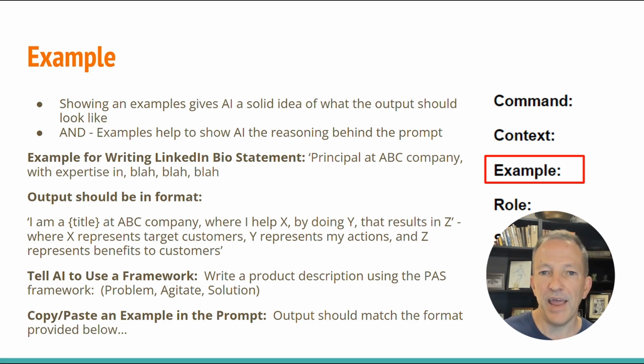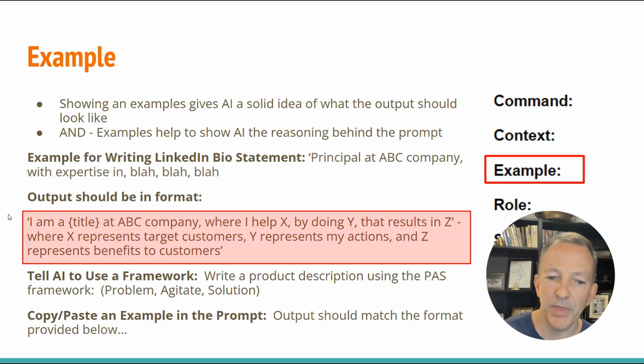If you tell AI to rewrite the profile, and I want it to be in this format where I am this title at this company and I help X people by doing Y that gets results in Z, and you tell it what each letter means: X represents your target customers, Y represents my actions, and Z represents the outcomes.